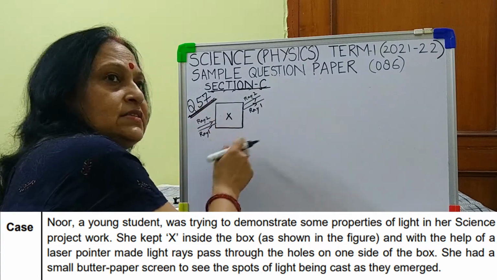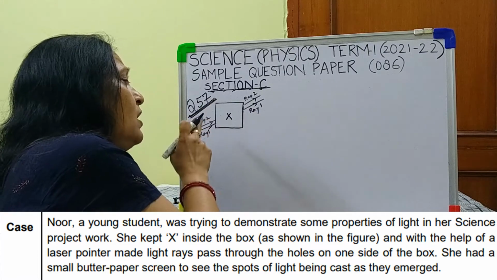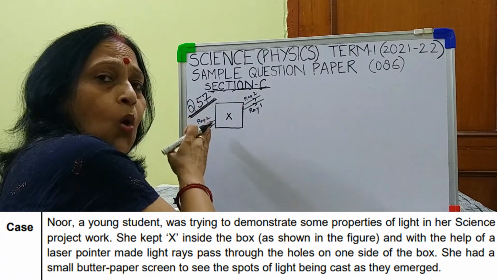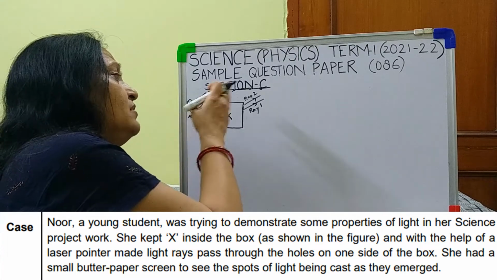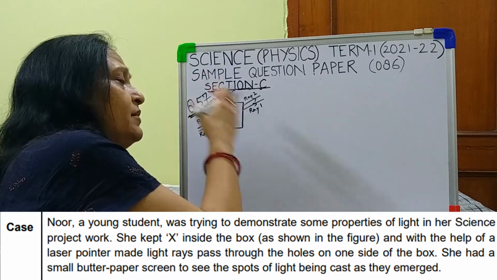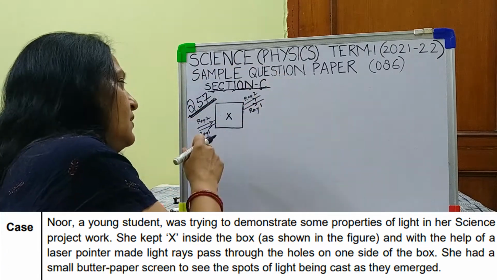Now over this box X, on one side there is a hole through which the rays are entering, and another hole on which a butter paper is placed and the rays are passing out.